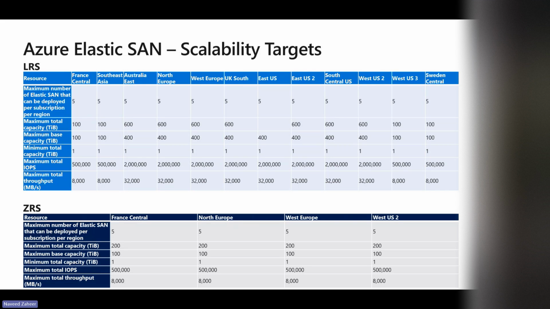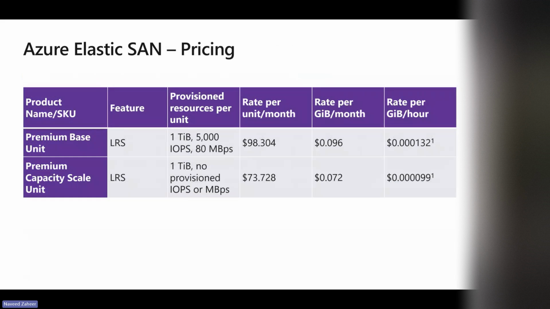If you are using ZRS, which is available currently only in the four regions mentioned, then the limits are slightly different. Just keep that in mind, as the service is currently in premium. We will come to the pricing in a second.